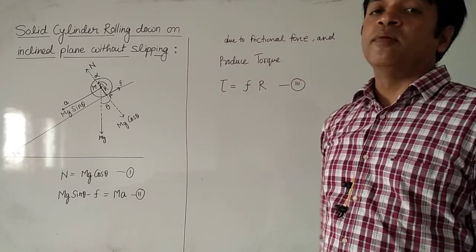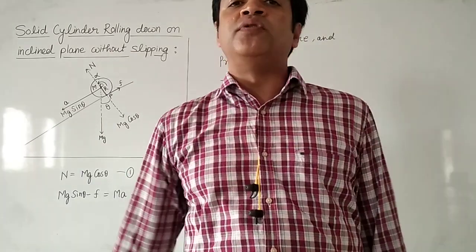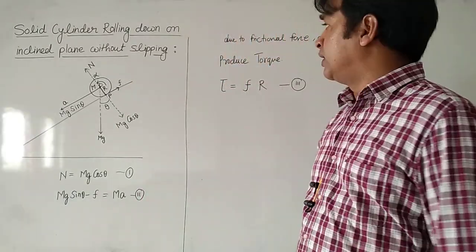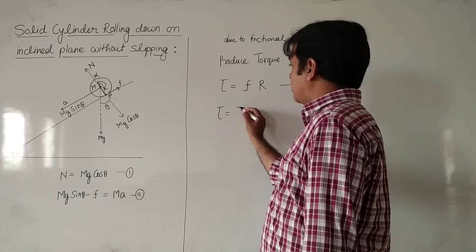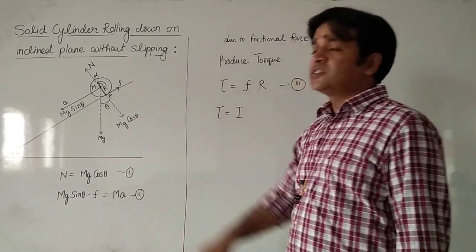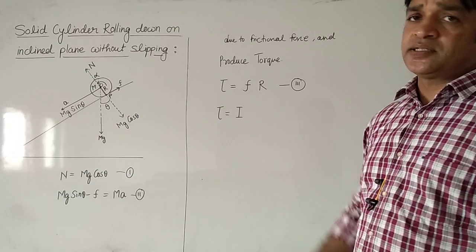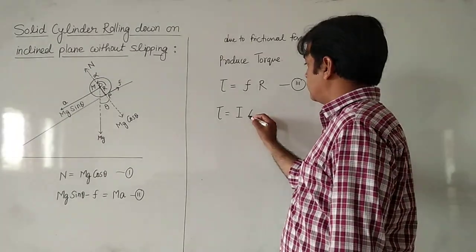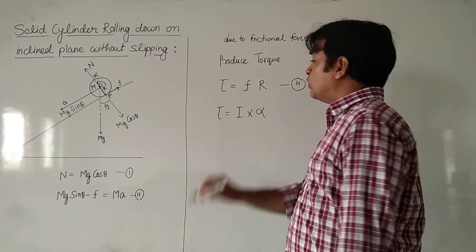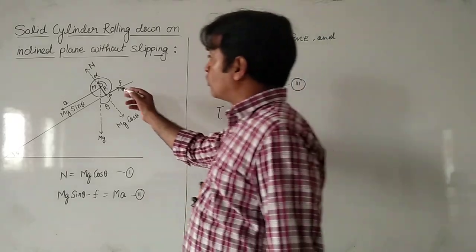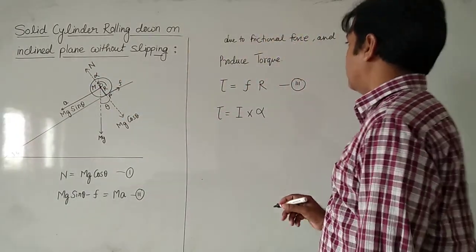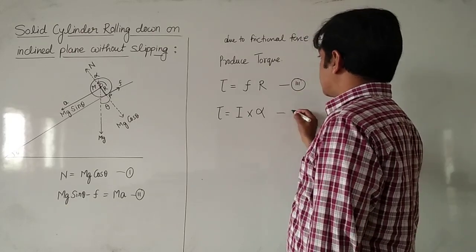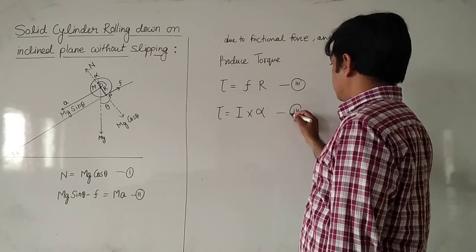And also from Newton's second law, this torque is equal to the moment of inertia of this cylinder about the O axis into the angular acceleration due to rotation of the solid cylinder. Equation number 4.